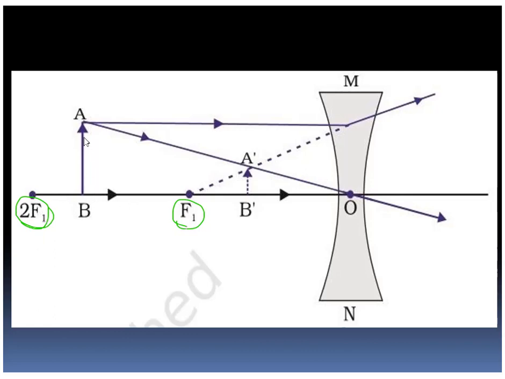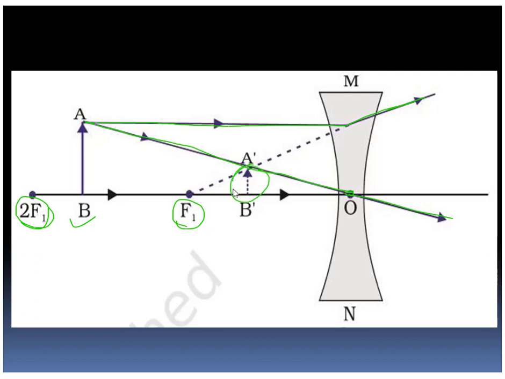So here we randomly choose a point. This is the ray of light which is parallel to the principal axis. It will get diverted. Then this is the ray of light which passes through the optical center, and it will move without having any refraction. So this ray of light, as it is diverging, we can pull virtually in this direction, and this is the point where the image is formed.